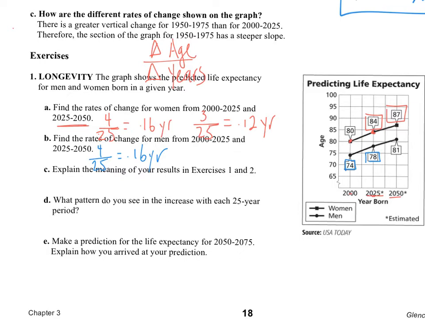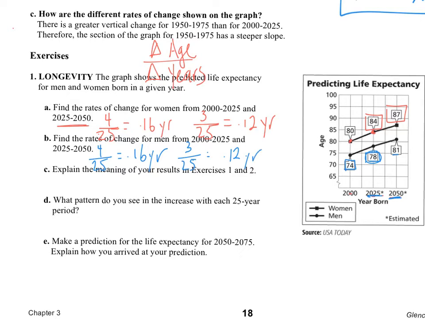The same thing holds true when we look at the next 25-year span. From 2025 to 2050, their age goes from 78 to 81. So that's a change of 3 years out of 25 years, so again, that's 0.12 years.